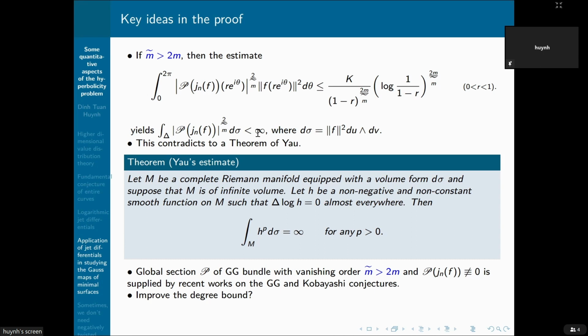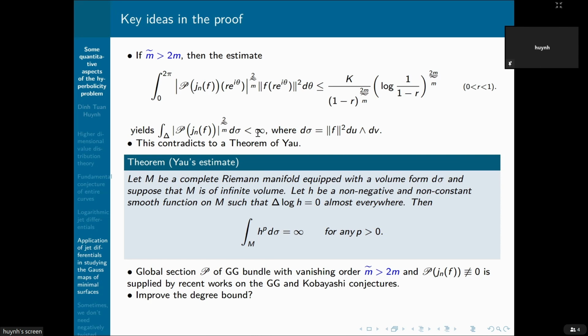So in the question of Gauss maps, what we need to have is a global section of the Green-Griffiths bundle with the vanishing order m theta greater than 2m. So we expect this weaker vanishing order compared with the previous version, where we needed to find a vanishing order d minus 1 minus (n minus 1) m.